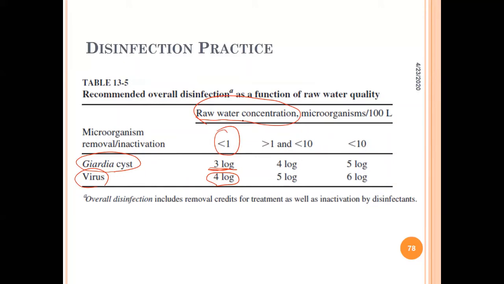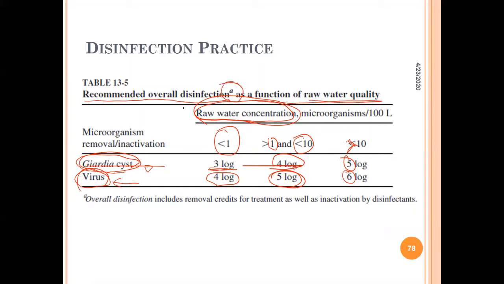If the raw water microorganism concentration is between 1 and less than 10, then Giardia cyst should be removed up to 4 log and virus up to 5 log. And if it is more than 10, then we have to have 5 log removal for Giardia cyst and 6 log removal of viruses. So these are recommended overall disinfection as a function of raw water quality.